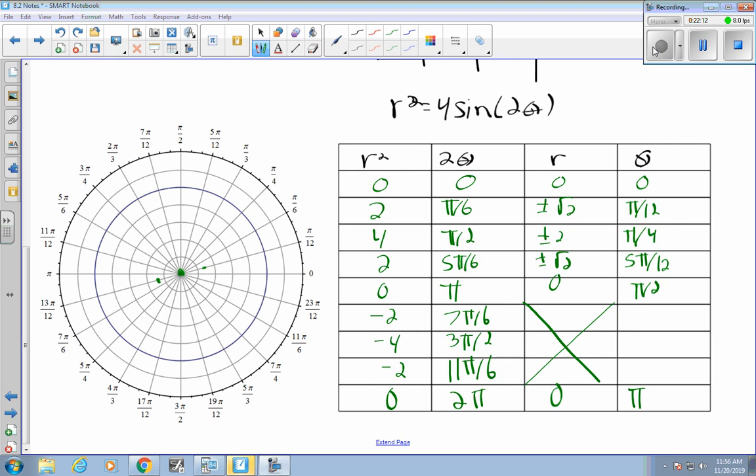Pi over 4 is plus or minus 2. Wait, lost my... And what am I missing here? 5 pi over 12 should be plus or minus root 2 as well. I think it's all the points, right? So it does start at 0.